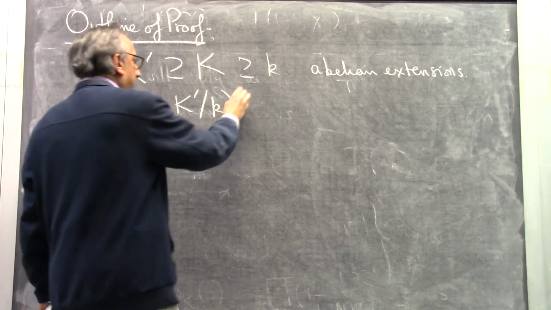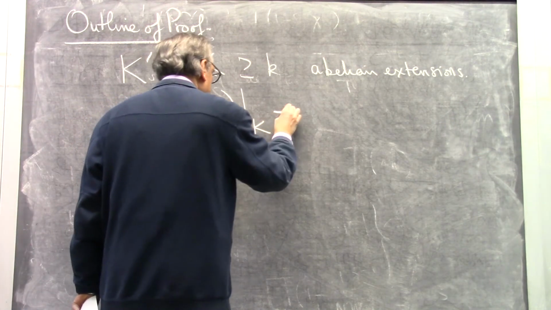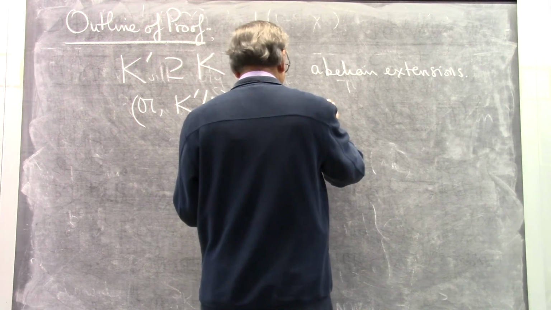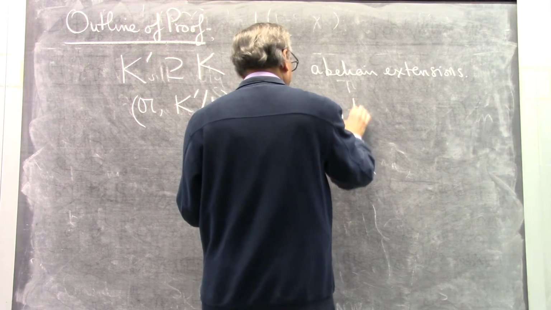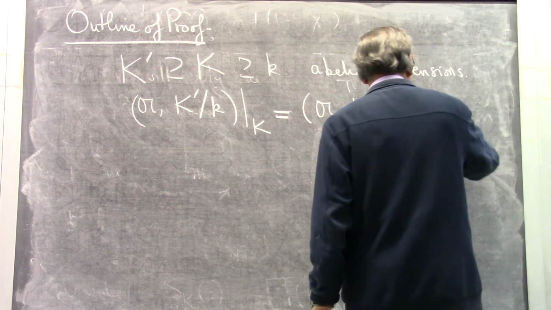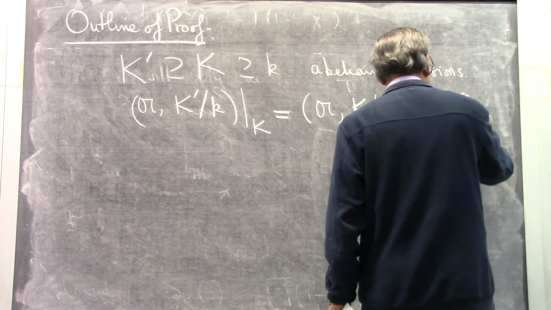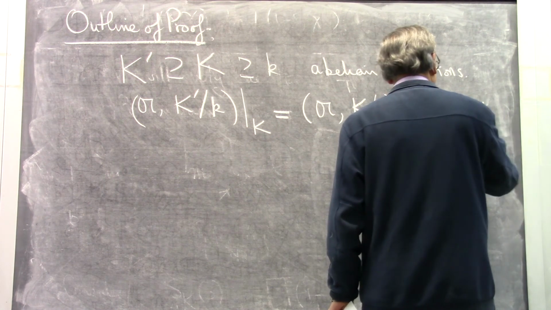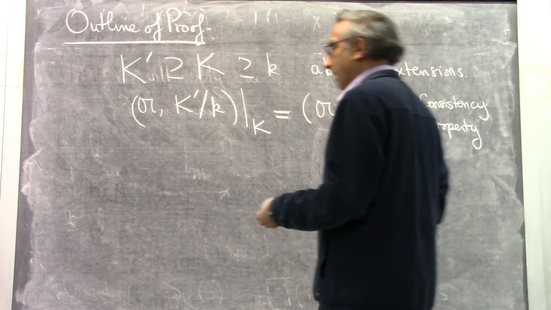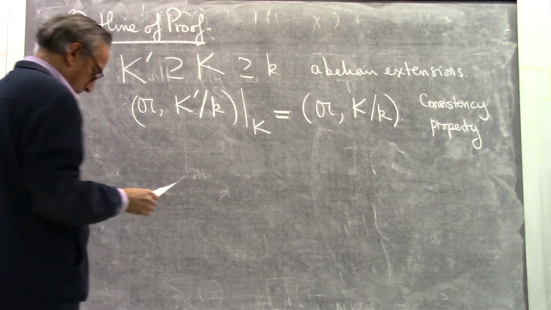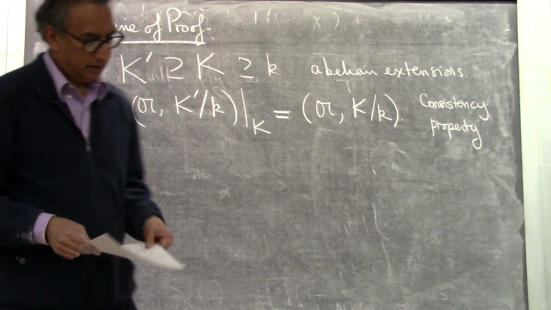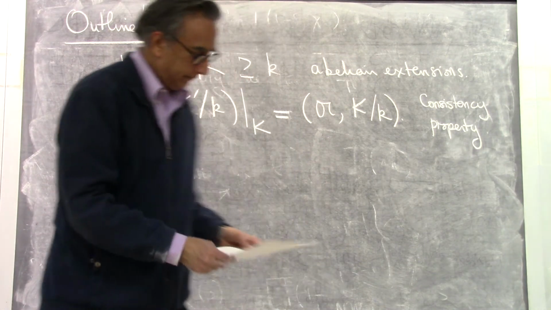So if I take that and I restrict this to capital K, we already use this property, I think. That's equal to the Artin symbol over K. This is what's called the consistency.